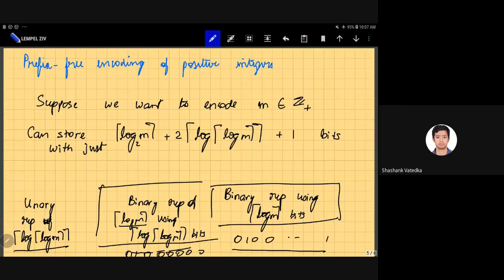So before we discuss that once again, any questions regarding the LZ77 and LZ78 algorithms? Yes, any questions?